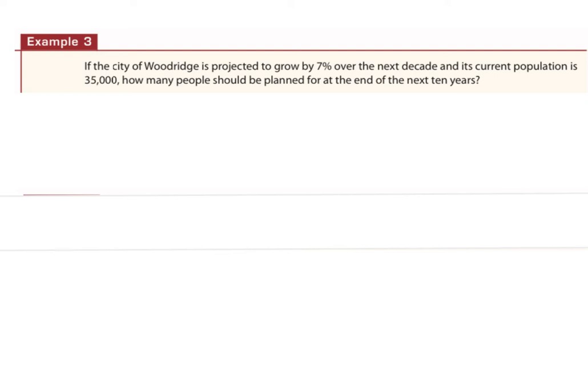So a couple things you want to pay attention to here. Grow by 7%. Does that indicate this is going to be an increase or a decrease? An increase. All right. So anytime you have an increase and you're trying to find the new amount, you're going to take 1 and add to it the increase, but the increase in decimal form.